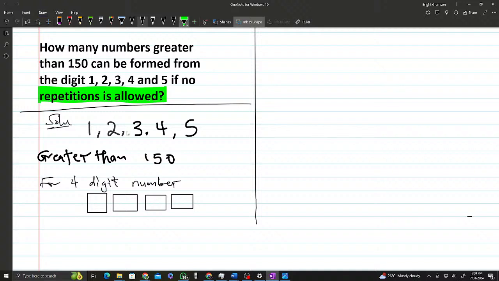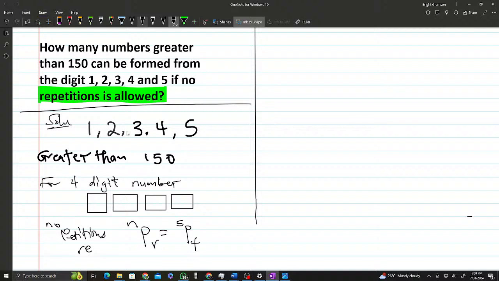Whenever you hear no repetition, it basically means nPr. Now we have 5 numbers and we want to insert them into 4 boxes, so 5 permutation 4.